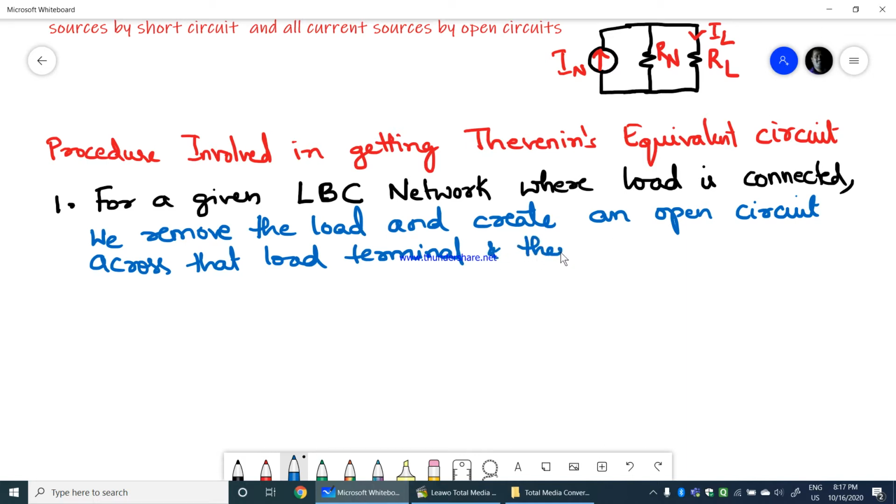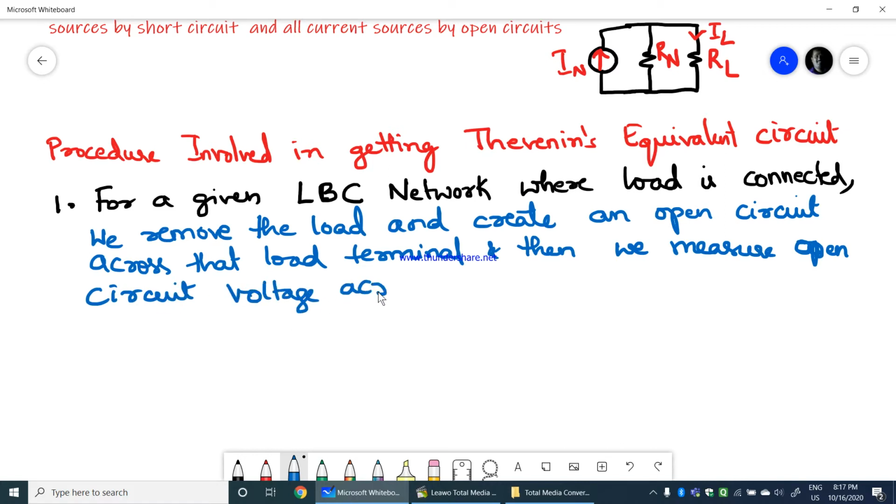then we measure the open circuit voltage across that opened load terminal.